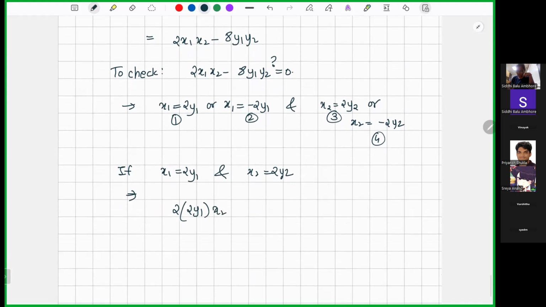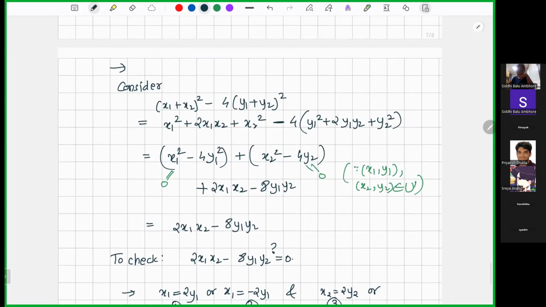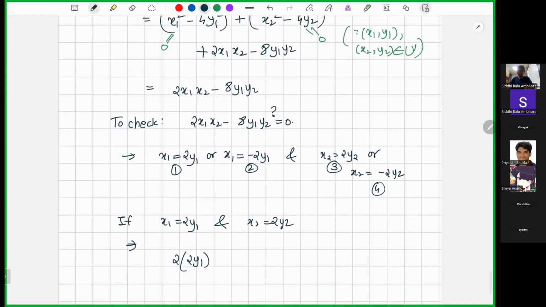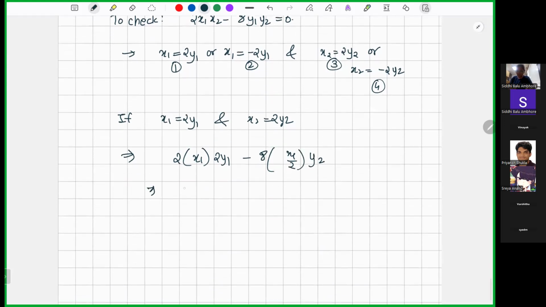And if I substitute, this multiplication is correct, right? 4, 2. 2 into x1, and for x2 if I substitute 2y2, and for y1 if I substitute x1 by 2, and this is y2, then this is 2 x1 x2, right?